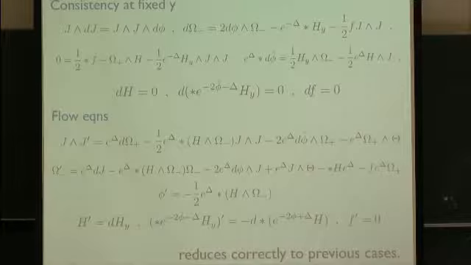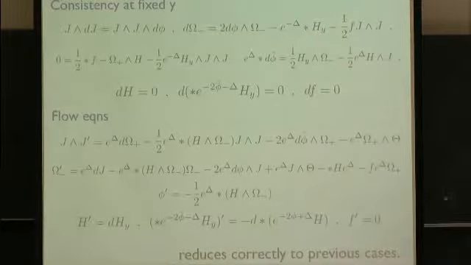Obviously, there's quite a few equations, but the thing I want you to take away is, for example, they're split into two pieces. There's pieces that don't depend on y derivatives, and pieces that do depend on y derivatives, variations in the domain wall direction. The y derivative here is denoted by a prime. The consistency equations at a fixed y, if you like, are just telling you what fluxes you need, for example, to support certain torsion classes, as present in d omega.